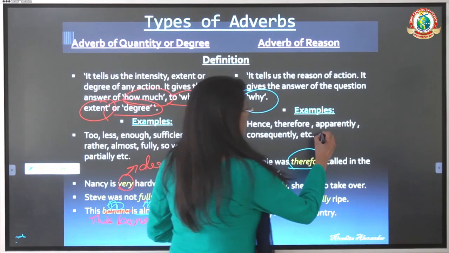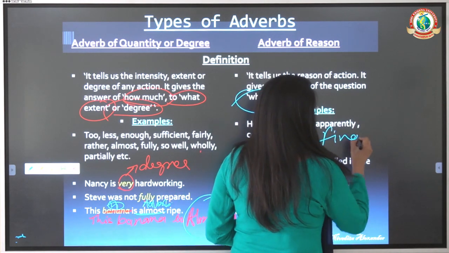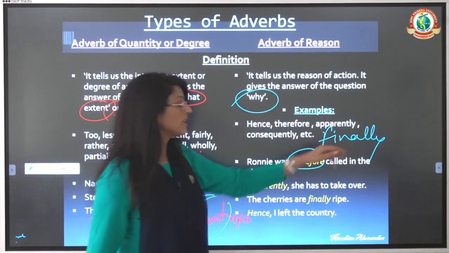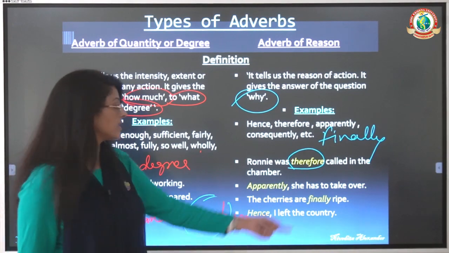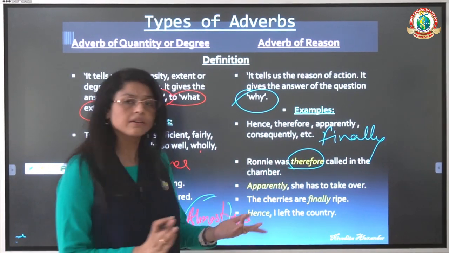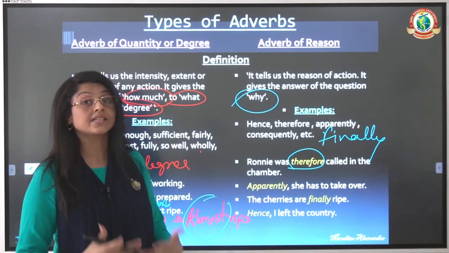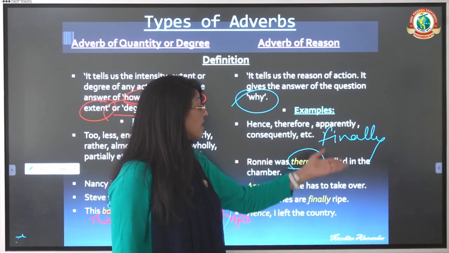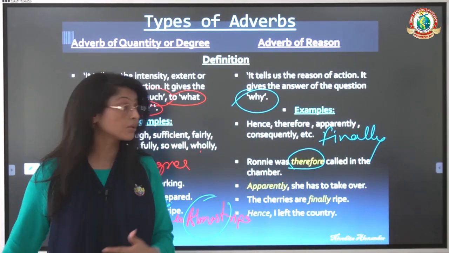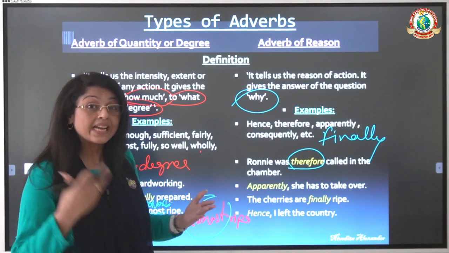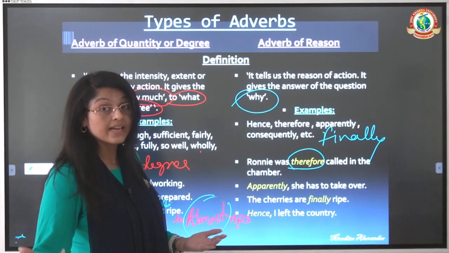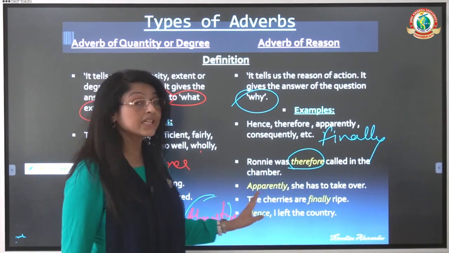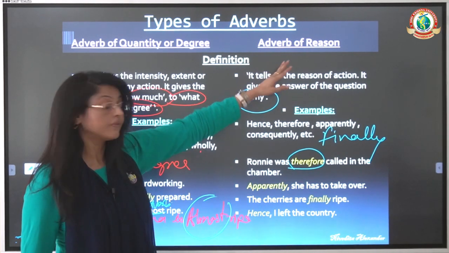One more thing you can write is finally. Finally he agreed. Finally is an adverb again, right? He agreed, but at last he agreed. So at last, finally, apparently, therefore, consequently, hence, thence, these kinds of words are adverbs of reason.